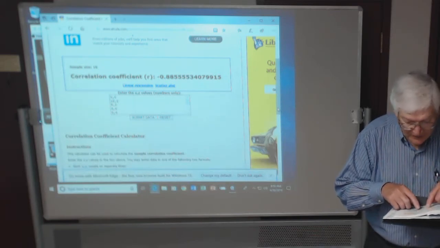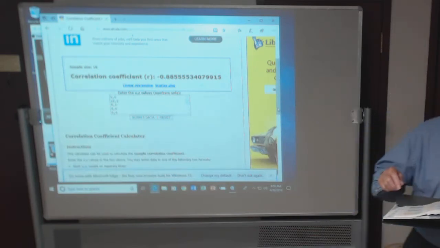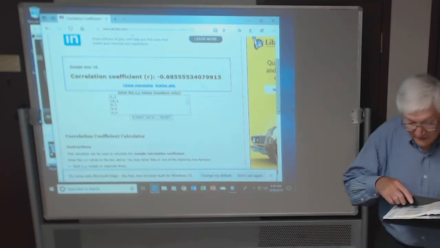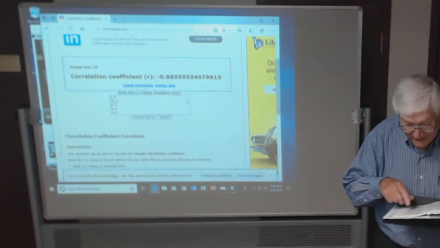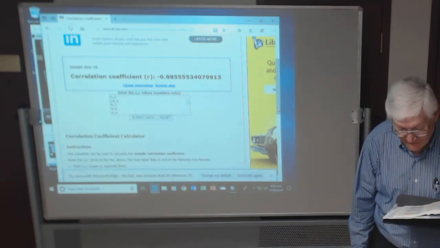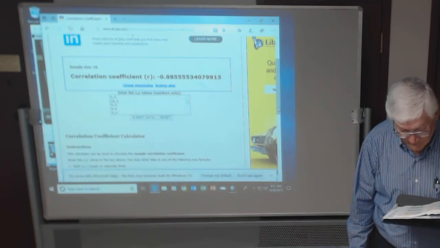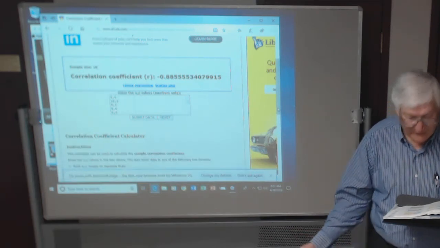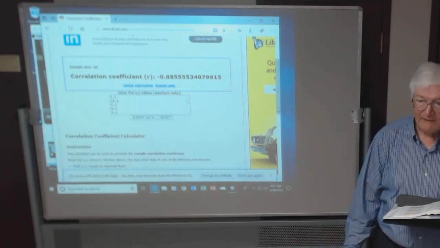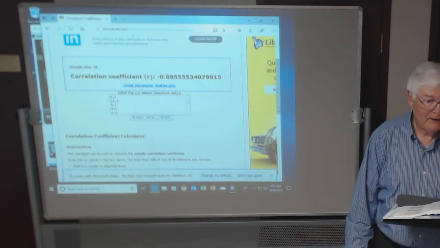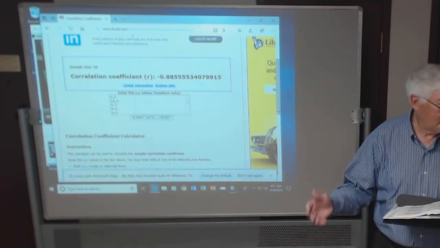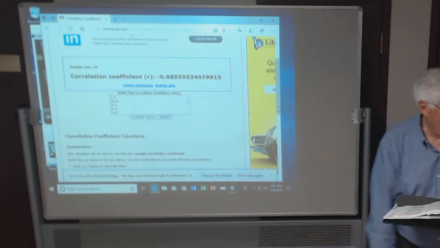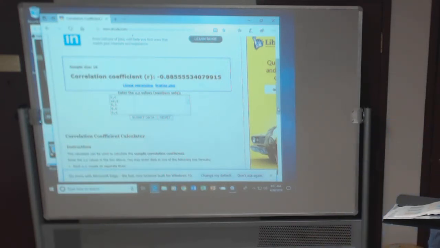You could take those dots and figure ordered pairs and plug them in here, and then you don't have to wonder about it. It'll actually calculate it for you. So if you have a graph, you can take the graph and calculate a regression line and then calculate a correlation coefficient using this magic little place on the internet.